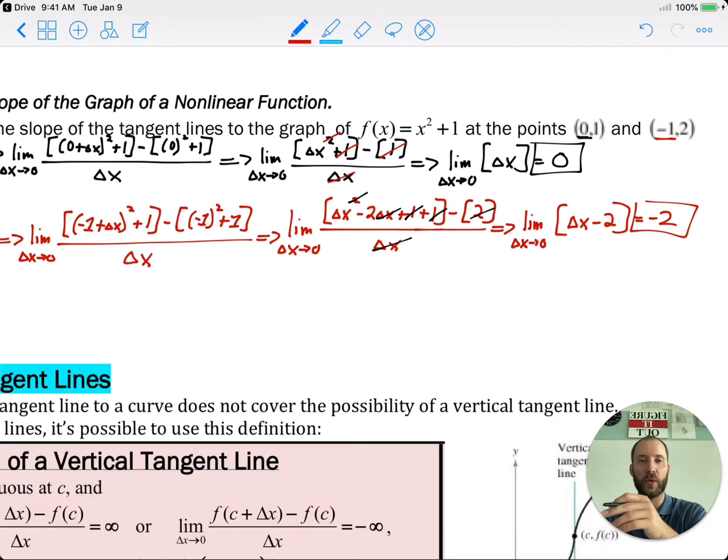So different slopes at different points. Algebra, a linear function, had to have the same slope everywhere. With the quadratic, kind of going down, coming up, the slope is different depending on where you are.